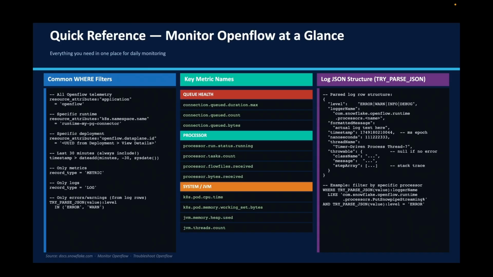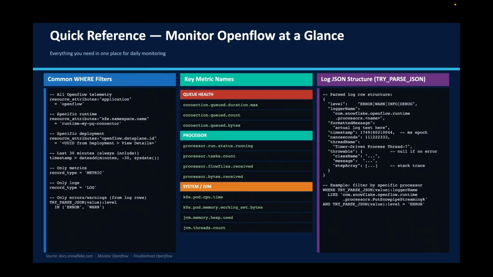Typically, always use the last 30 minutes. Record type is metric or log. Get only errors and warnings from log rows using TRY_PARSE_JSON value where level is in error and warning. Some of the key metric names are queue health, processor metrics, and system JVM metrics.